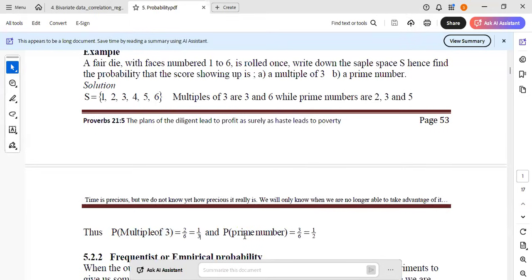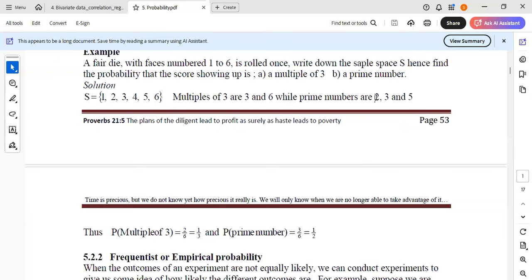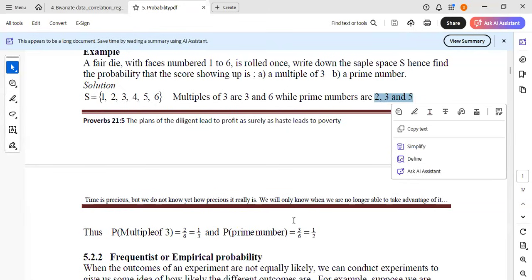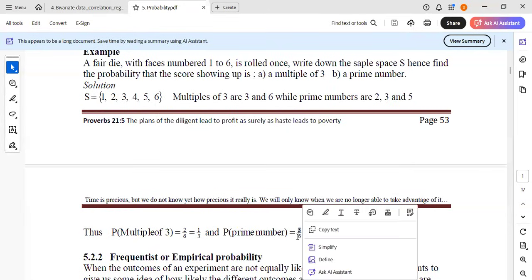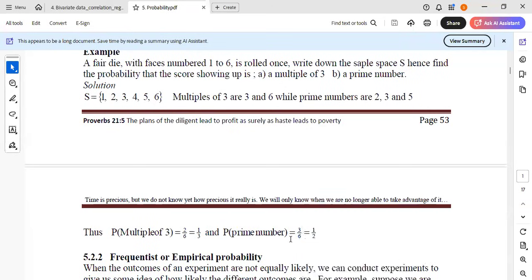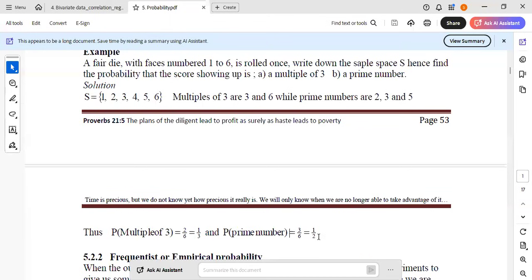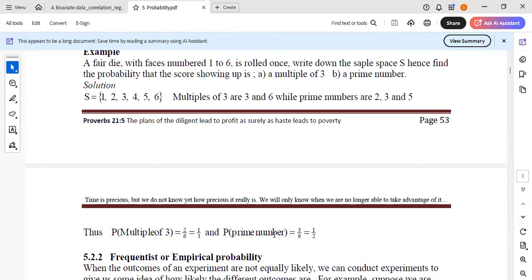And then we have the prime numbers. You've seen we have 3 of them here: 2, 3, and 5. So the favorable outcomes are 3 out of the total 6 possible outcomes, and so you get a half.